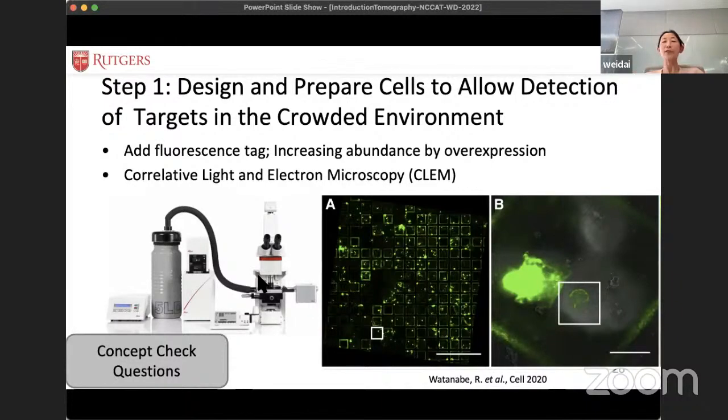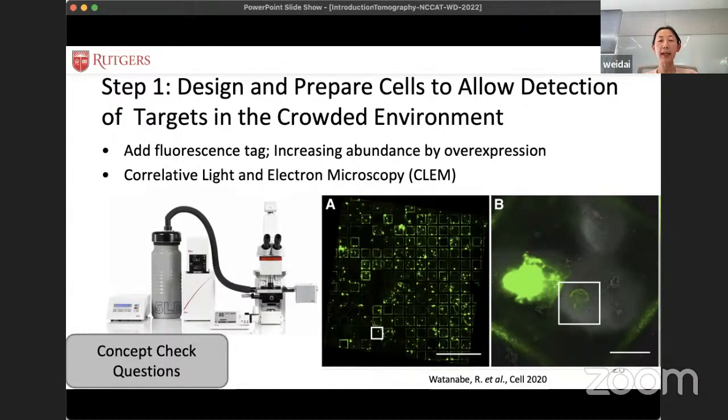So at your place, you probably have a different model, but the fundamental idea is very similar. It's basically a fluorescence microscope with a very cold stage to keep your frozen grid at liquid nitrogen temperature so that the grid is maintained in a vitreous state during your imaging or screening session.